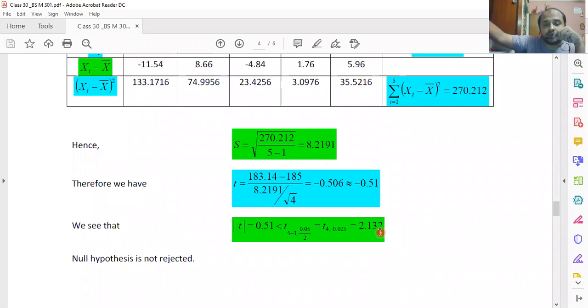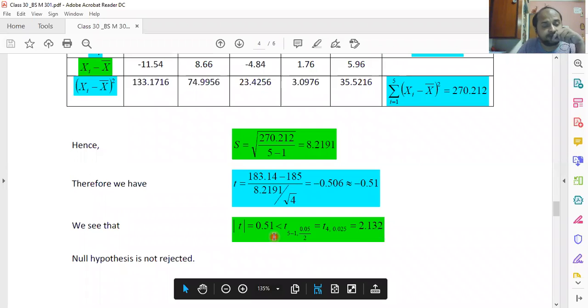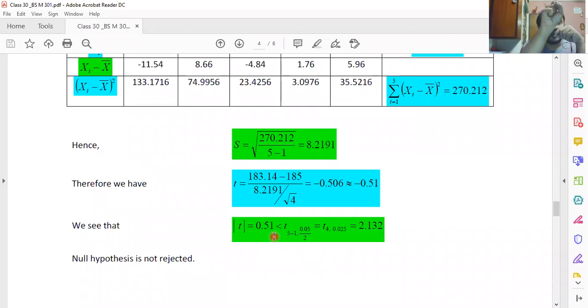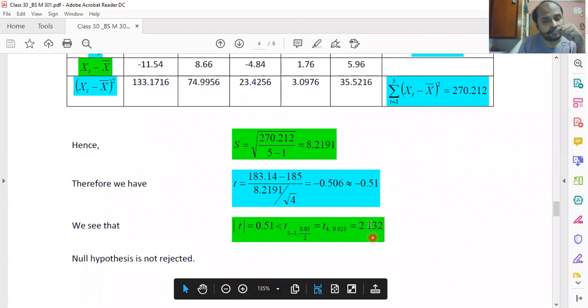And on the topmost row, the levels of significance are mentioned. Since my degree of freedom is 5 minus 1, that is 4, from the leftmost column I select the figure 4, then scroll in the right-hand direction and hit the level of significance 0.05, and that intersection point will contain this value, 2.132.